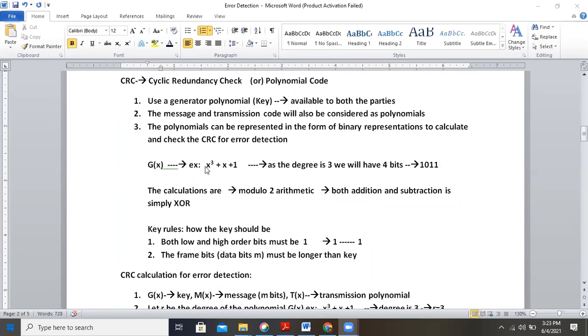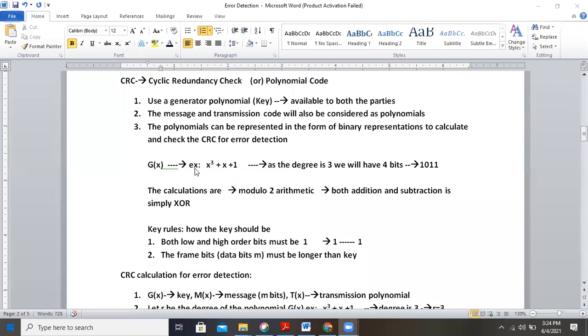One more condition with the polynomial is that for each element in the polynomial, the constant must be either 1 or 0. Just like if I take ax squared plus bx plus c, what is a, what is b, and what is c?